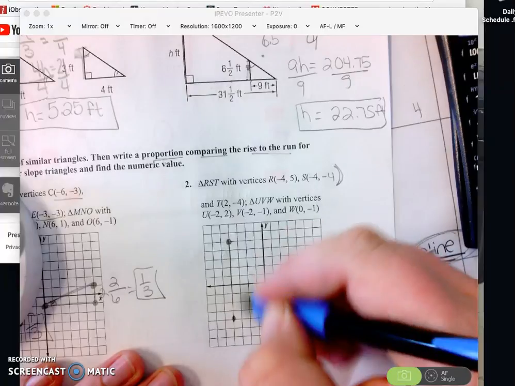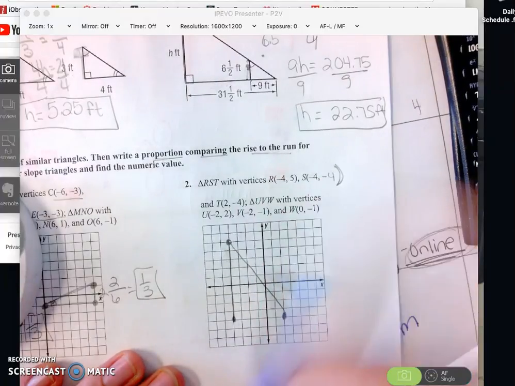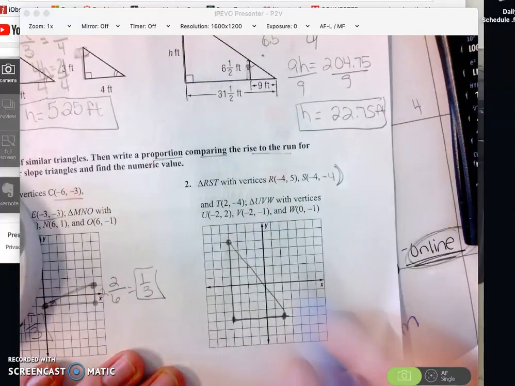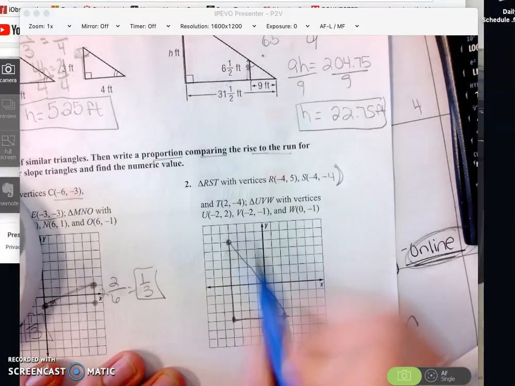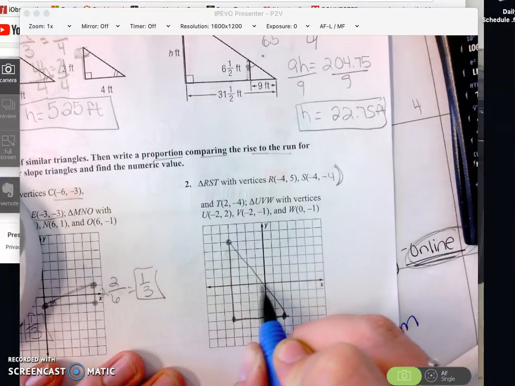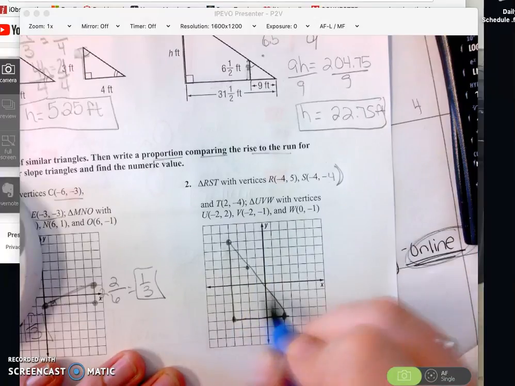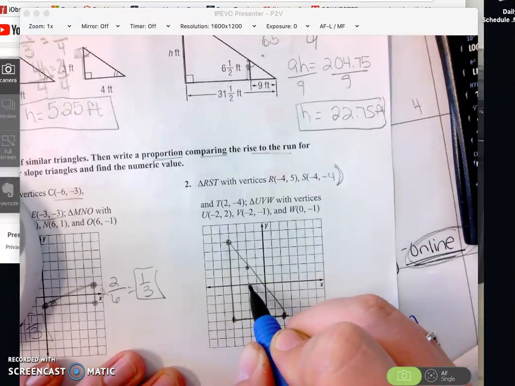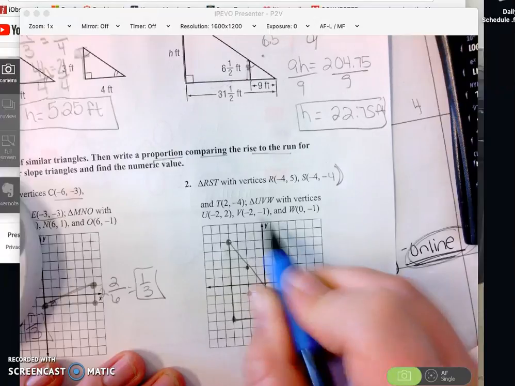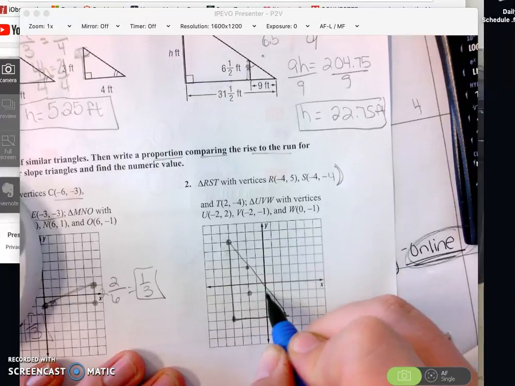So here's our big one. And then the smaller one, -2, 2. -2, -1. And then 0, -1.